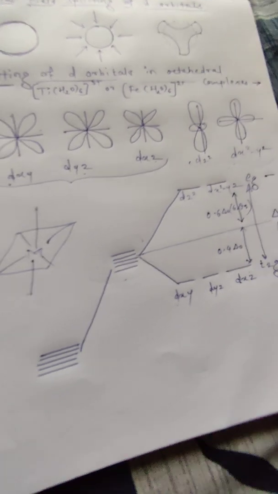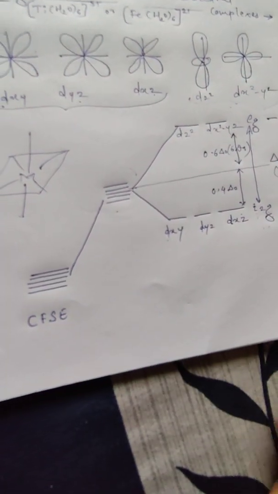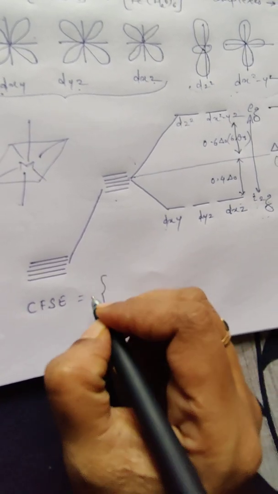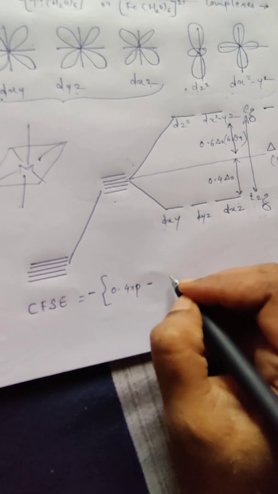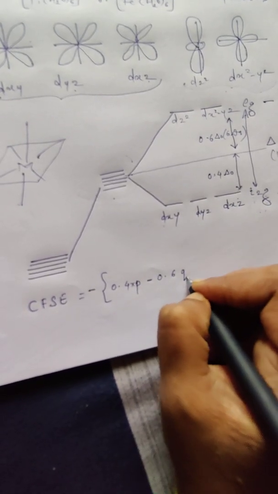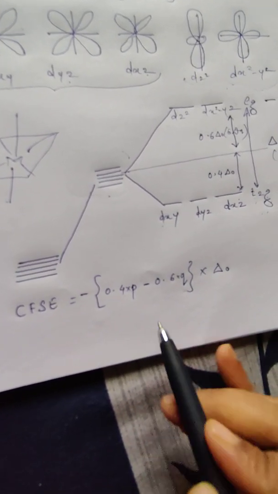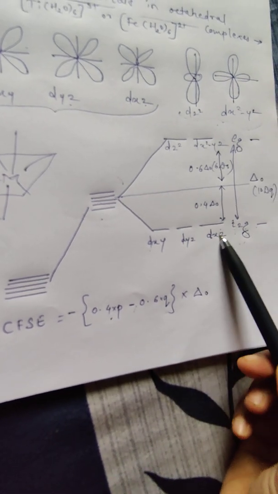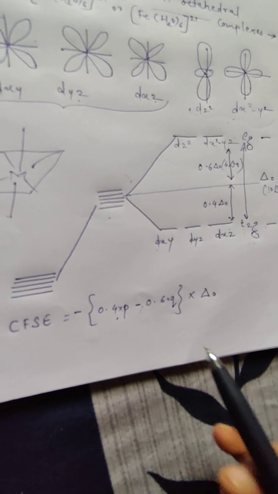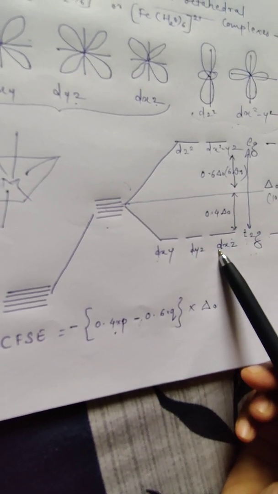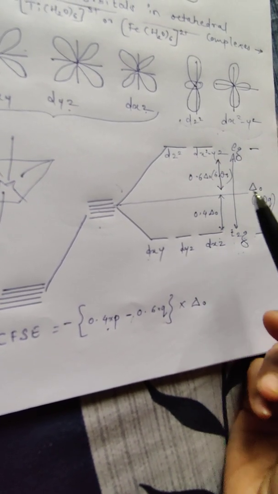For an octahedral complex, the crystal field stabilization energy, CFSE, is equal to minus 0.4 P minus 0.6 Q, all into delta O. P is the number of electrons present in the T2g orbitals. We are not talking about paired or unpaired, only the number of electrons present in the T2g orbitals, and Q is the number of electrons present in the Eg orbitals.